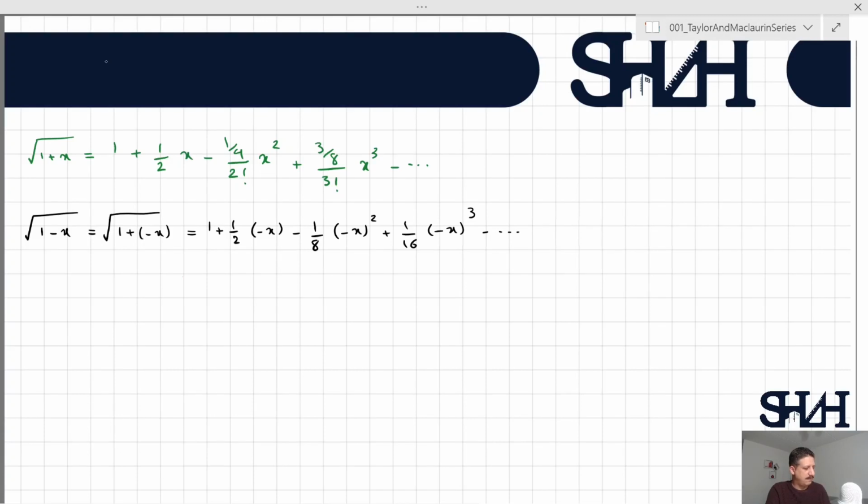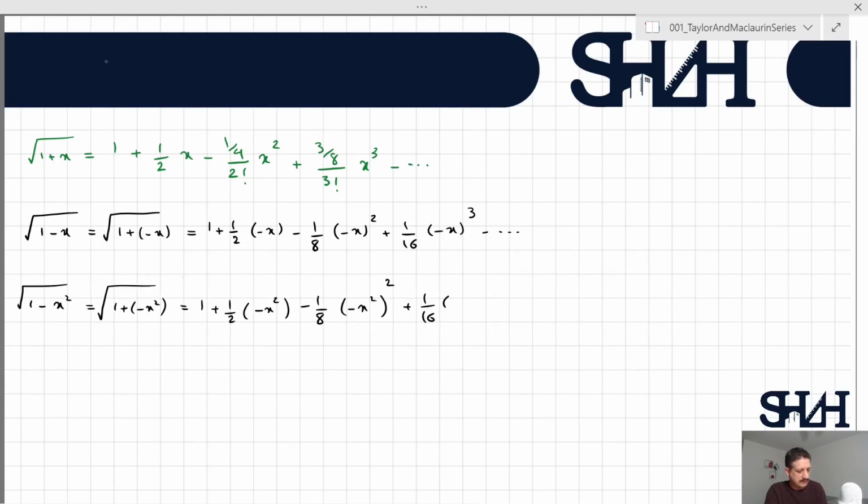Or if you have square root of 1 minus x^2, you can just simply write it down as 1 plus minus x^2. So it will be 1 plus 1 over 2 (minus x^2) minus 1 over 8 (minus x^2) to the power of 2 plus 1 over 16 (minus x^2) to the power of 3, and so on.